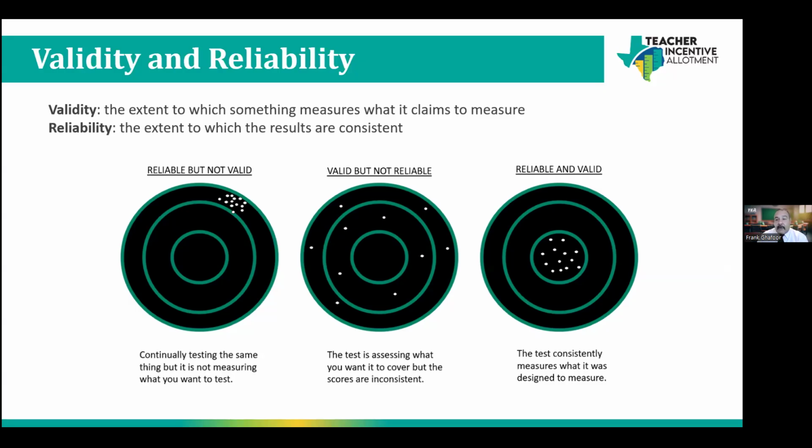What we're really looking for is that the system the district develops would reliably and validly test all students. Building a system to do this is what you will show us in your TIA application. How are we going to reliably and validly measure student growth using these assessments?